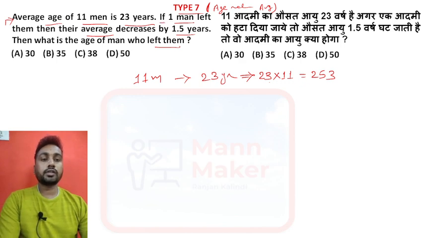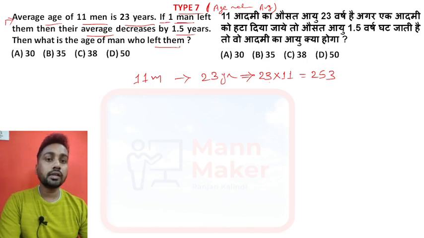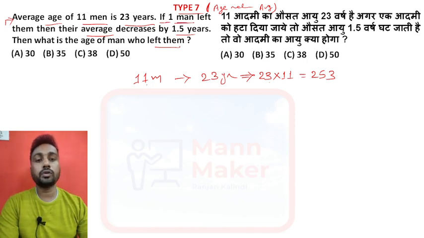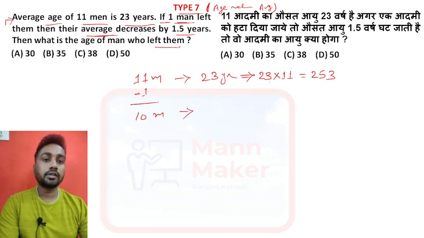Okay, now what they are saying in the next sentence, if one man left, so before 11 men were there, now one man left, so how many men will be there? 10 men are there, and their average decreases by 1.5 year. Before it was 23 year, now it decreases by 1.5 year.